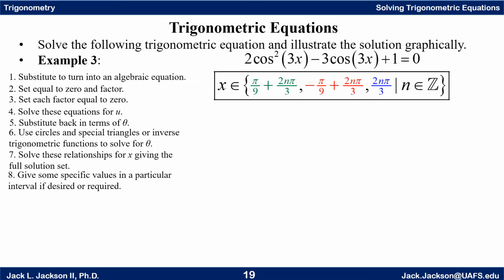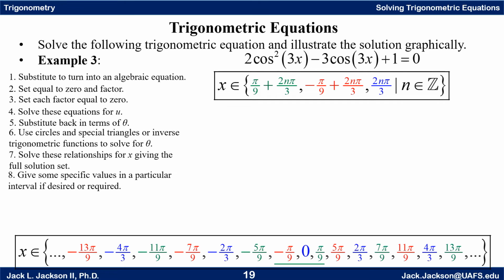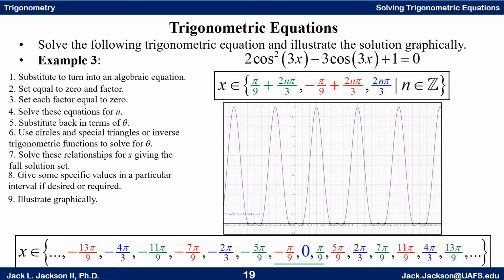We could give some specific values in an interval if we want. Here they are for a few periods. I think I have this for n equals -2, -1, 0, 1, and 2. So a few different periods there. And I think you can see those particular ones in the graph here, and you can see the periodic nature.